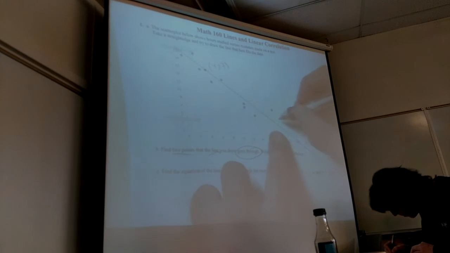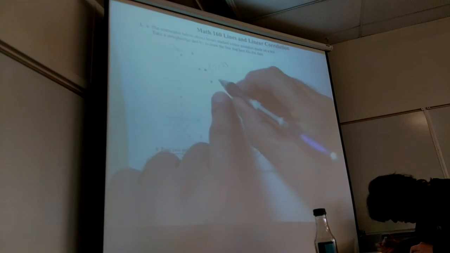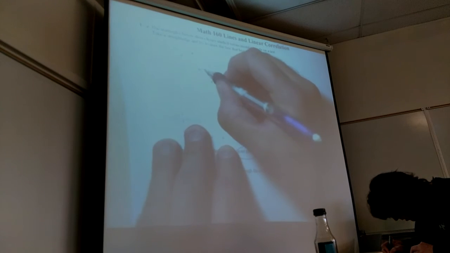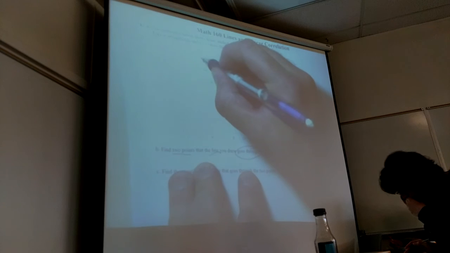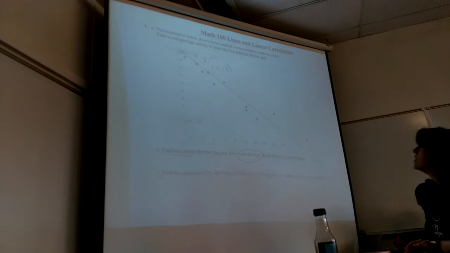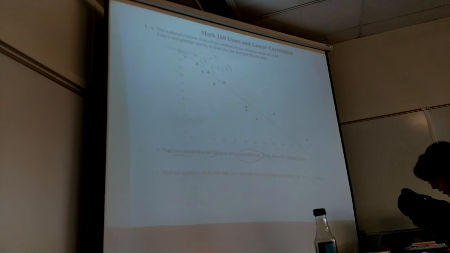You can even see if you can find a halfway point. It looks like it kind of goes through here, 2, 19. So yours, you might have a point up here and a point down there. If yours goes through a blue dot, that's great because it's a well-defined point.